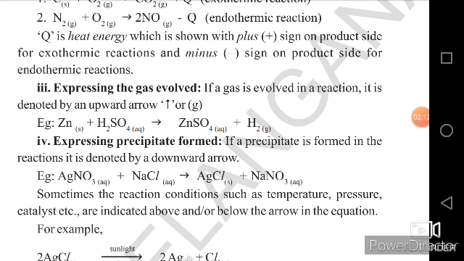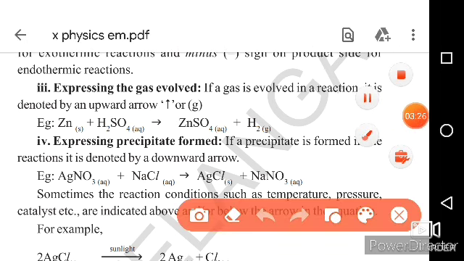Next, third characteristic, expressing the gas evolved. If any gas is evolved in any chemical reaction, along with the formula of the gas, one notation will be indicated, that is the upward direction.